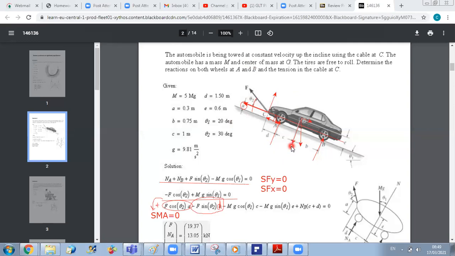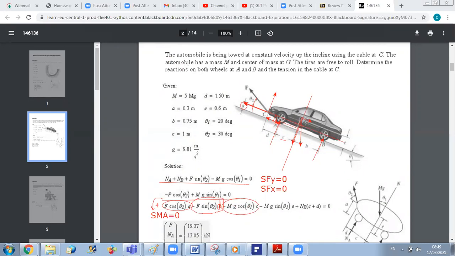And I multiply by which distance? If I'm doing sum of moments about A, for the Y component, I should multiply by which distance? C. Look, this is the Y component. If you project from A, the perpendicular from A to the Y component will give you distance C. So it's minus, because it's a clockwise moment, minus mg cosine theta 1 times C. So this part is the moment of the Y component of the weight.